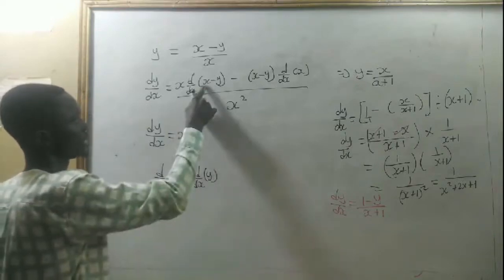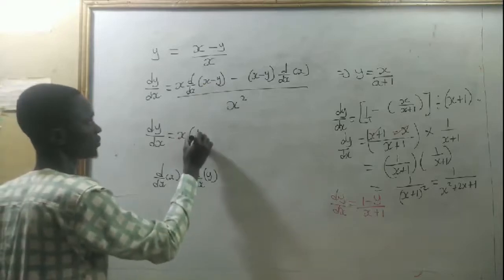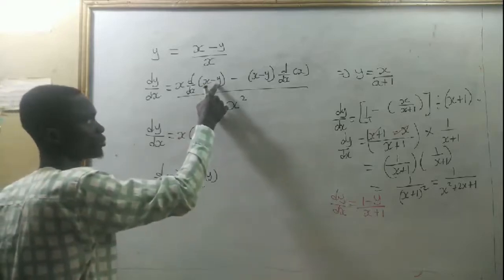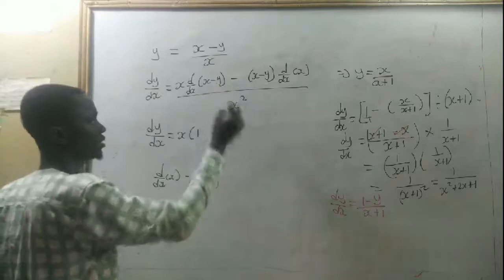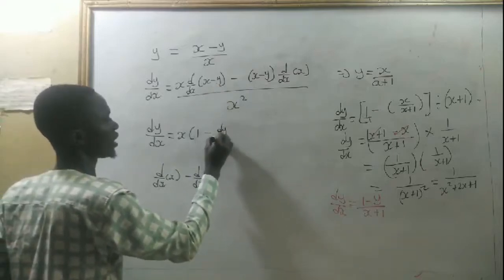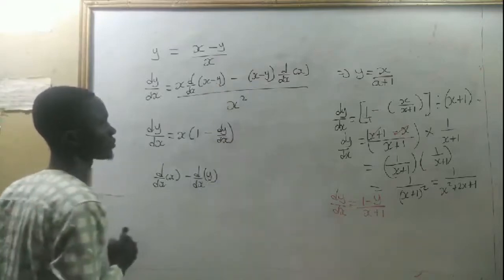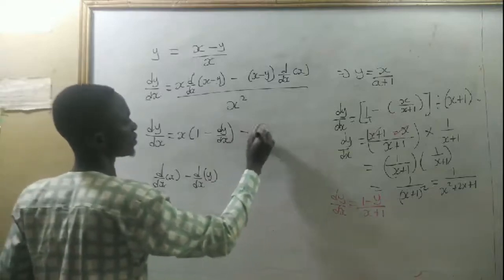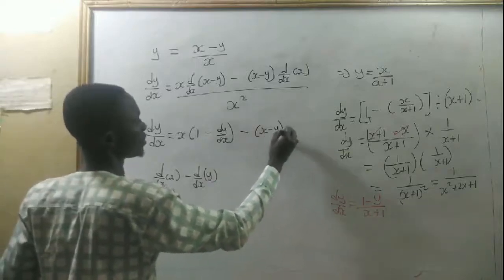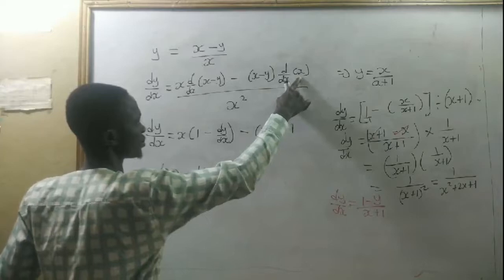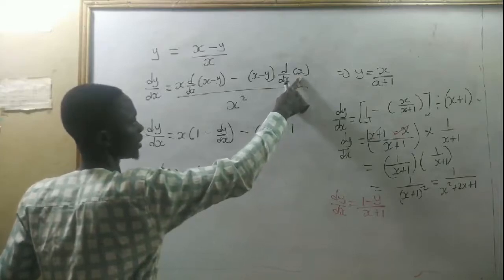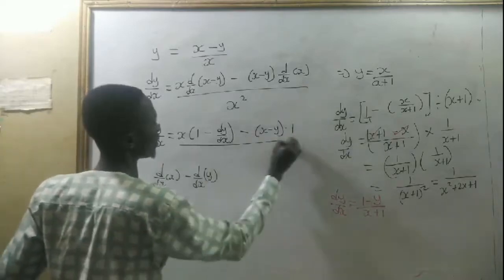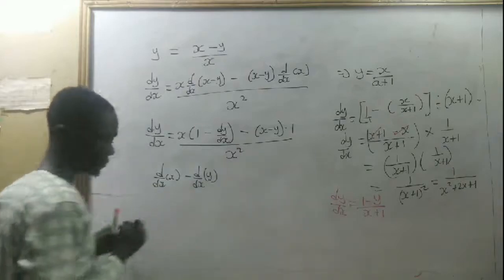So if you differentiate x with respect to x, you get 1. If we differentiate y with respect to x implicitly, we are going to get dy on dx, minus x minus y times 1, because if you differentiate x with respect to x, you get 1, all divided by x squared.